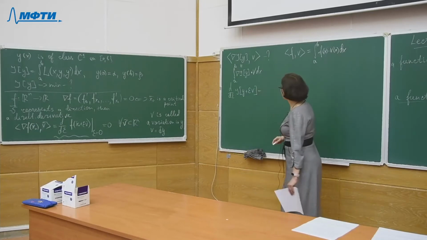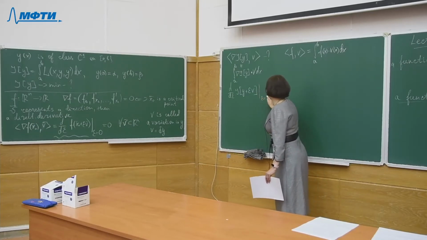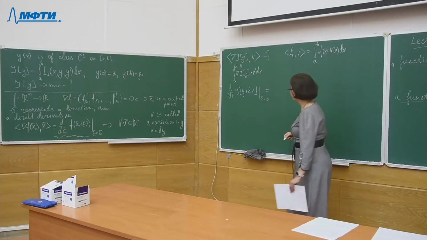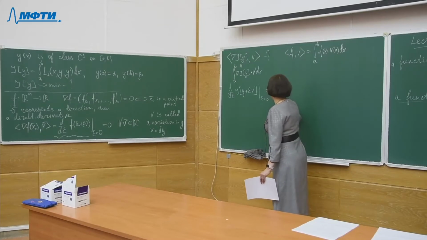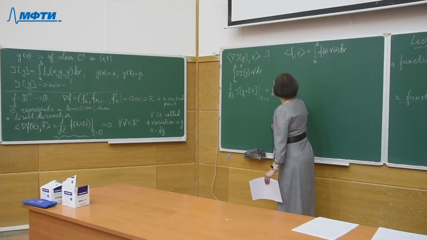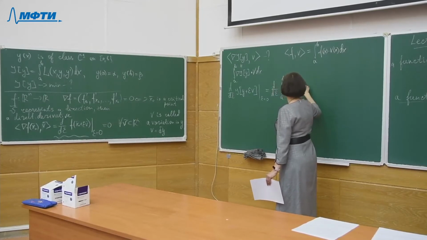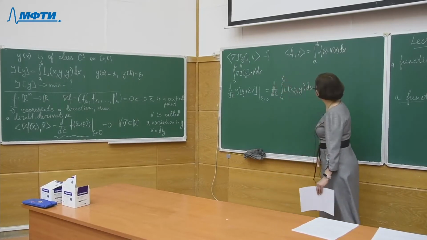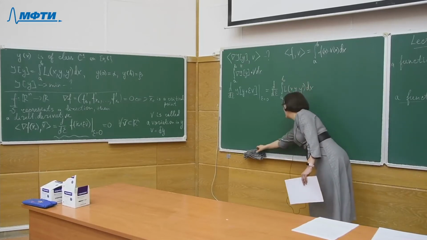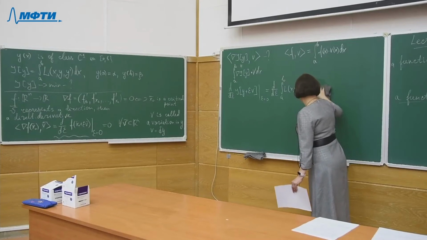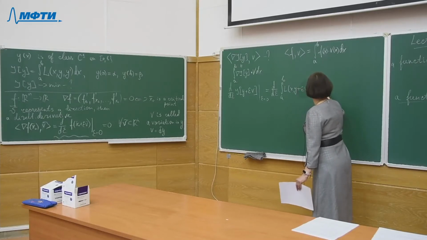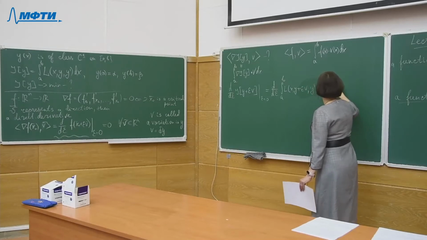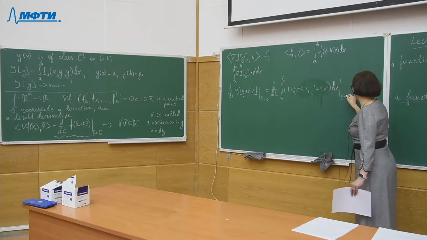Okay, how to compute this at epsilon equals 0? I will rewrite it in the form d over d epsilon of the integral of L of x, y, y prime dx. So we must add epsilon, differentiate, and then substitute epsilon equals 0.